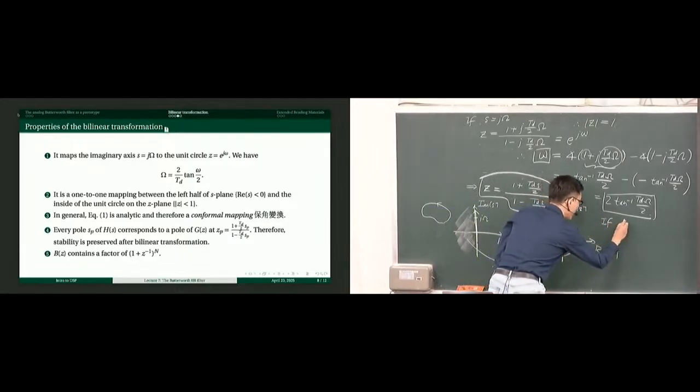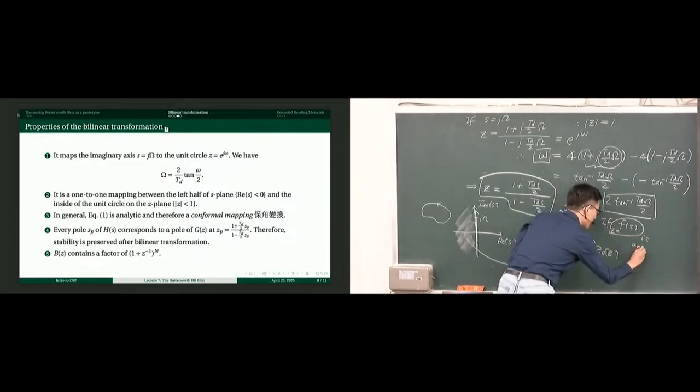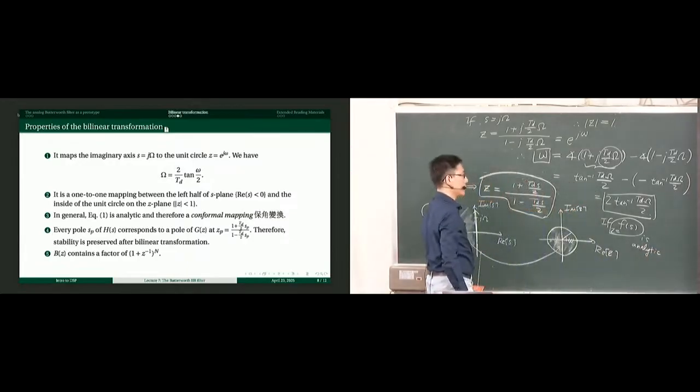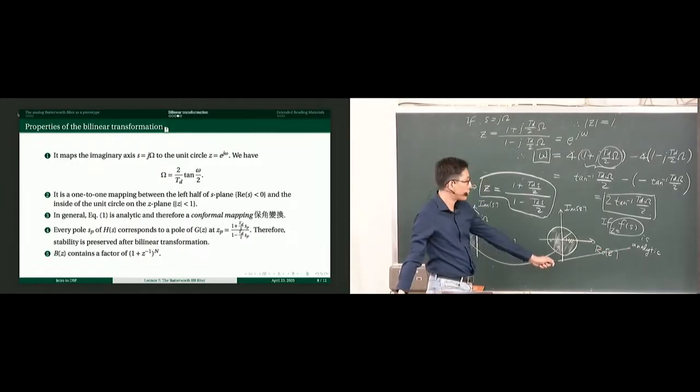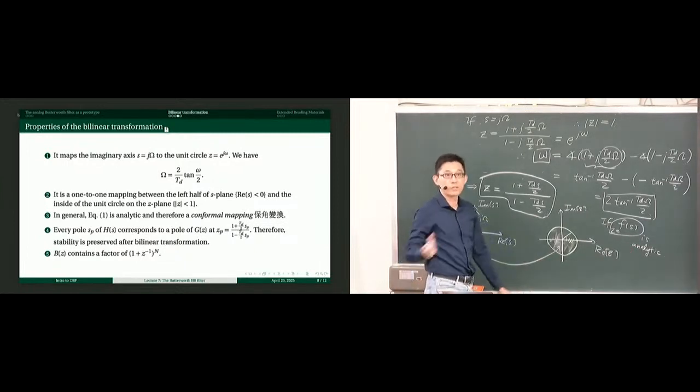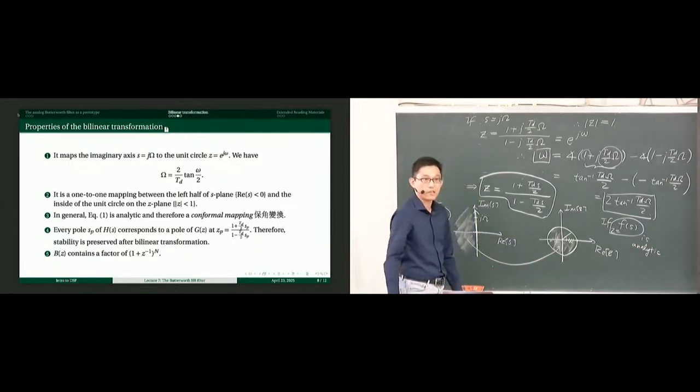if z equals f of s is analytic, in the sense of Cauchy-Riemann symmetry, okay? In the sense that its real part and imaginary part obey the Cauchy-Riemann relation, 柯西黎曼的关系 analytic function, so it becomes differentiable 这类的.